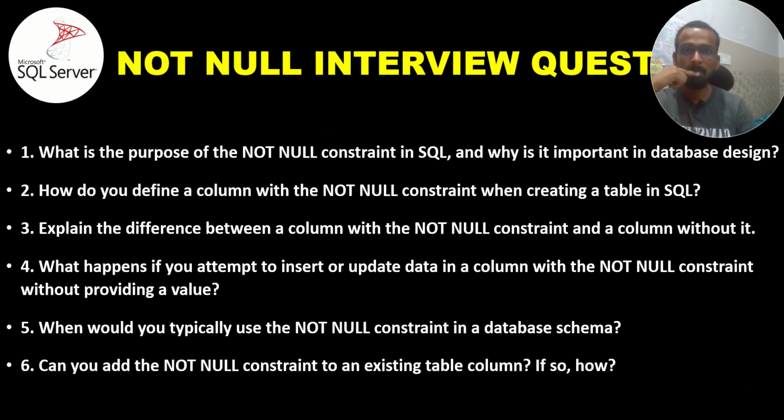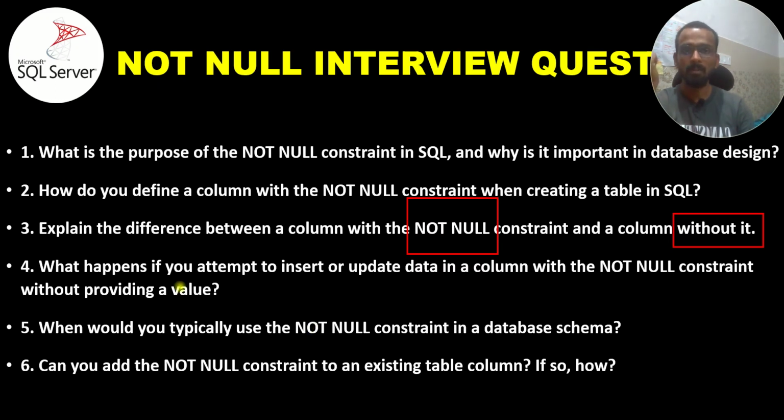The next question is, explain the difference between a column with a not null constraint and one without it. First you have to tell what exactly not null is, and what errors we can face if we are not using not null for the particular column.